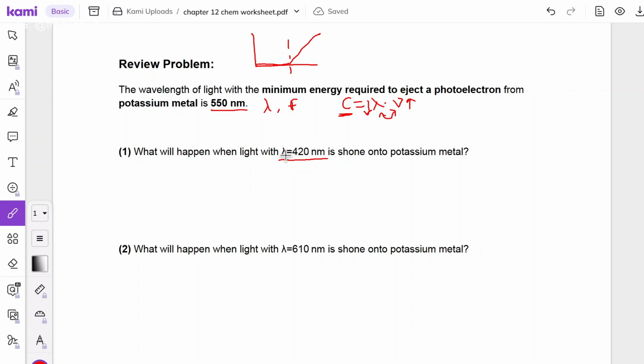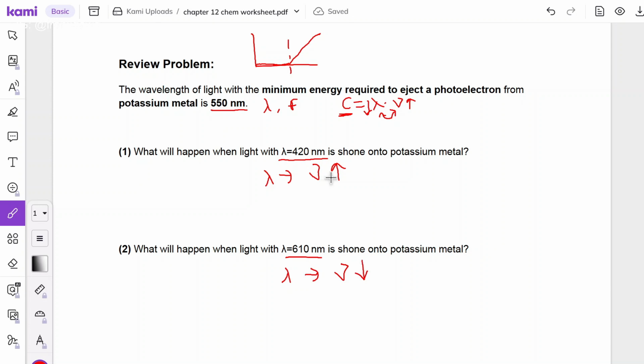So lambda being 420, it's lower than this. That means this wavelength has a higher frequency than this wavelength. And for this one, the wavelength is higher. Because it's higher, that means the frequency is lower.